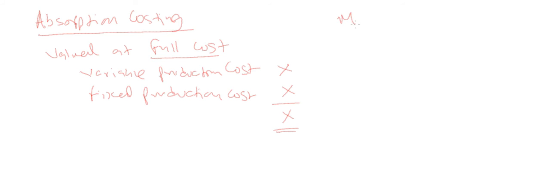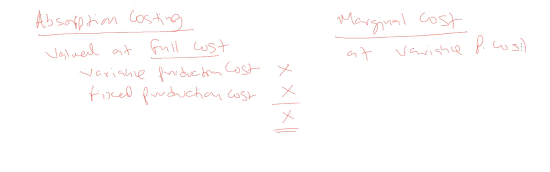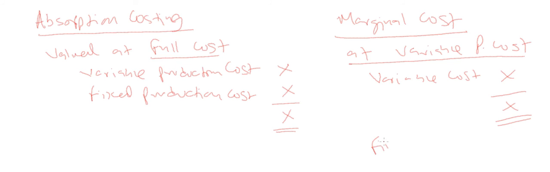However, under marginal costing, your production cost is valued at variable production cost. So that includes only variable cost. And fixed cost is treated as period cost, and it is deducted in the profit and loss account.